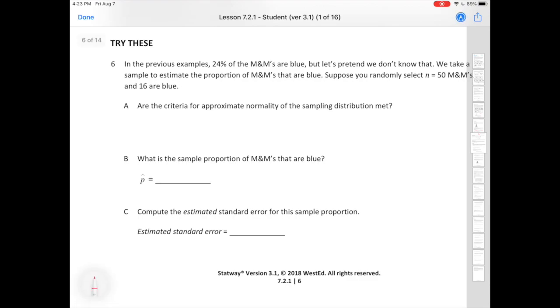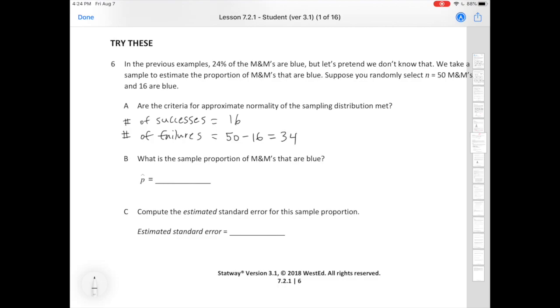Well, how many successes do we have in the sample? Well, it says that 16 of them are blue, so we have 16. What would the number of failures be in the sample? Well, we're just going to do 50 minus 16, right?